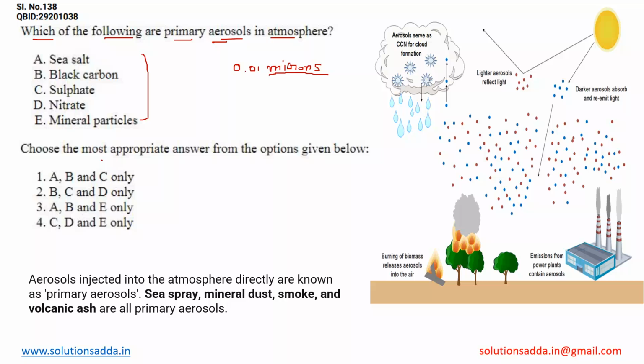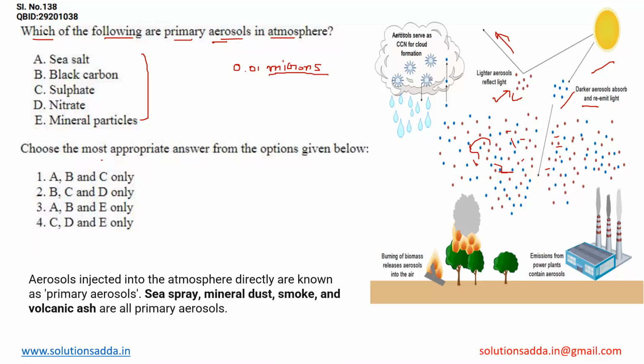In the surrounding air, you can see by your eyes that these small particles are sometimes very light in weight, and some aerosols can absorb the light and some aerosols can reflect the light. As you can see in the pictures given here, these are the lighter aerosols which can reflect the light, and these are the aerosols which can absorb the light. They are all examples of aerosols. They are present in our atmosphere.